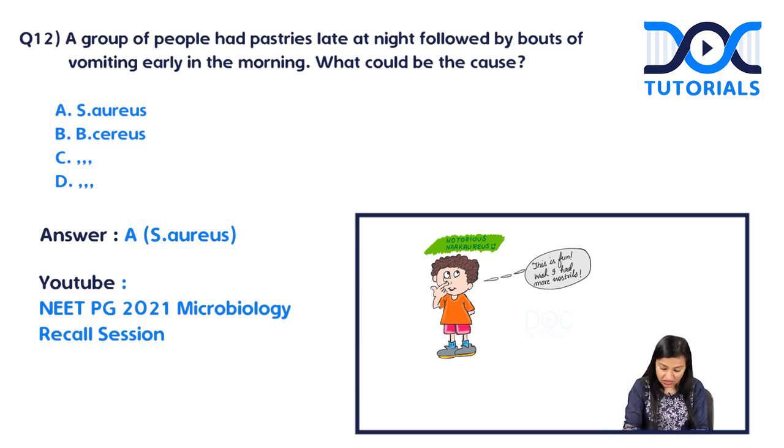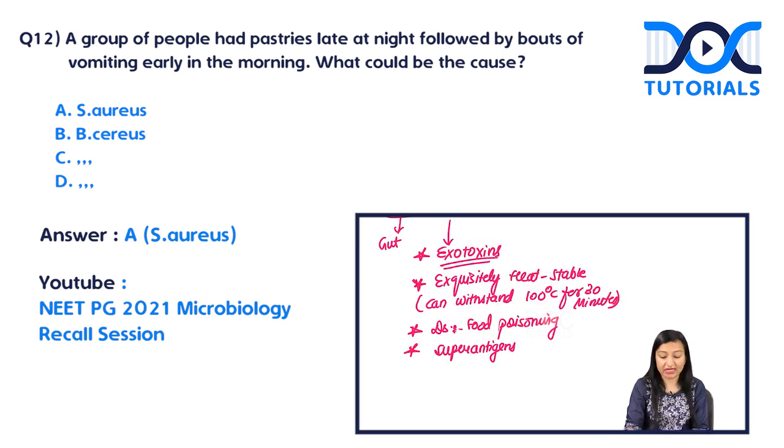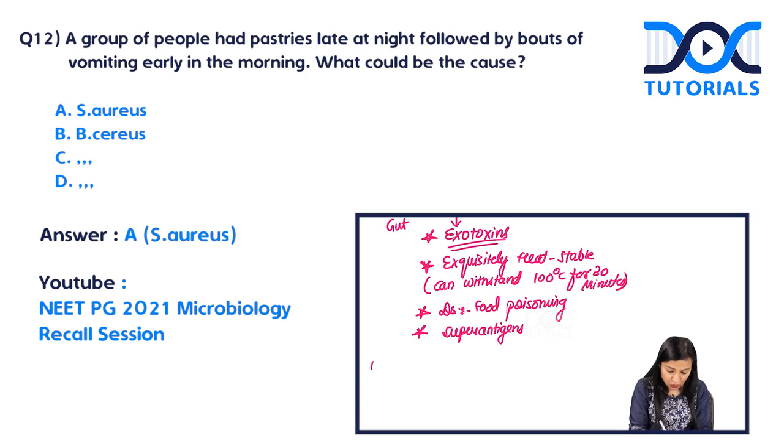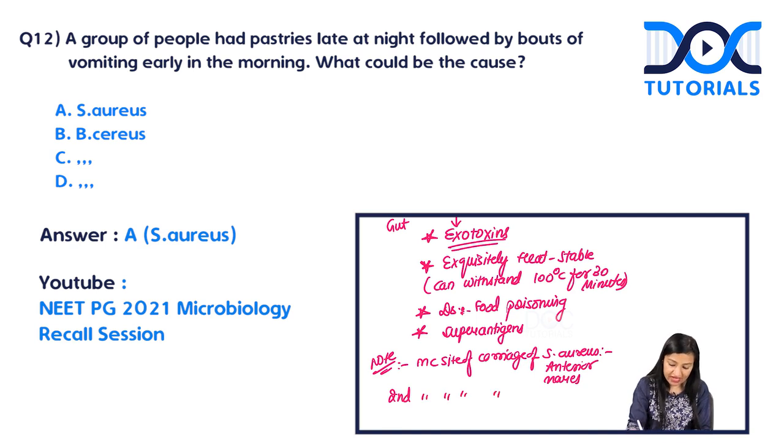Okay, so this is how the toxin is going to enter the body. So note down, the most common site of carriage of Staphylococcus aureus is the anterior nares, and the second most common site of carriage is skin.